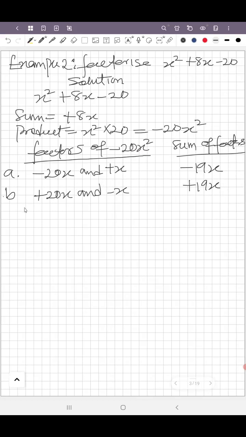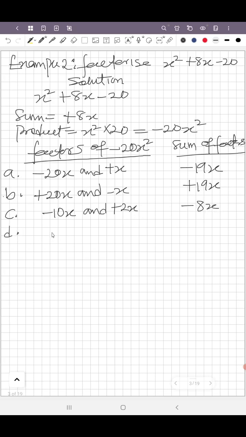Let's go further and try minus 10x and plus 2x. Still understand that minus 10x times plus 2x gives us minus 20x², but when we add them together, we have minus 8x.